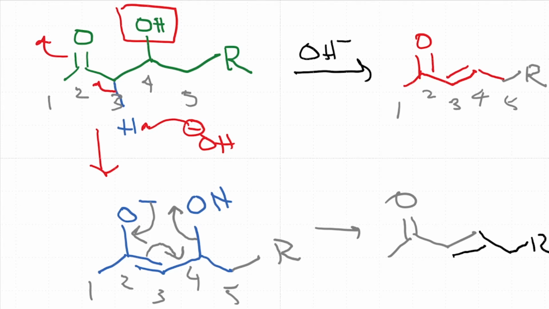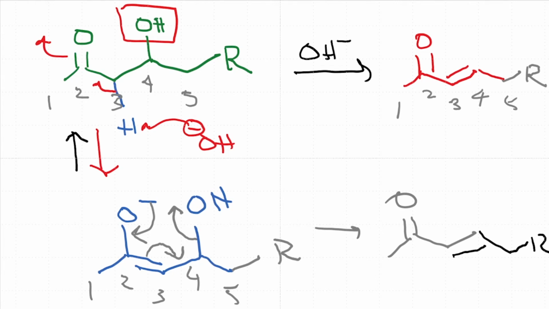There are two important things here. The first one is that this reaction is probably a reversible reaction, because we know that the enolate formation is a reversible reaction. And the second step, which is the rearrangement of the enolate to produce this alpha beta unsaturated ketone, is likely the rate determining step.